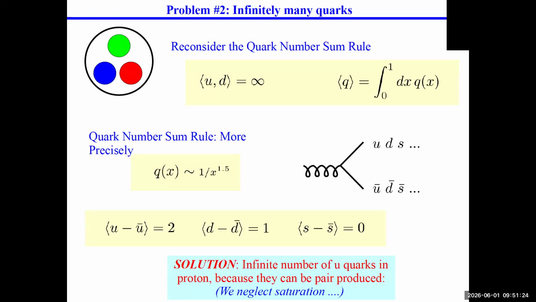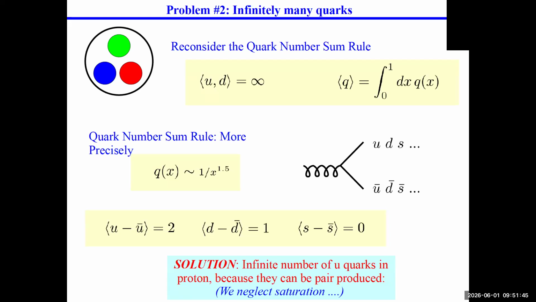Well, the answer is I take the number of quarks minus the number of antiquarks. Because in this process, anytime I make an up quark, I also make an up antiquark. So this process will always conserve U minus U bar. This will be infinite, this will be infinite, but the difference will be 2.